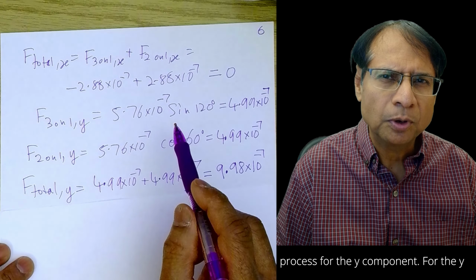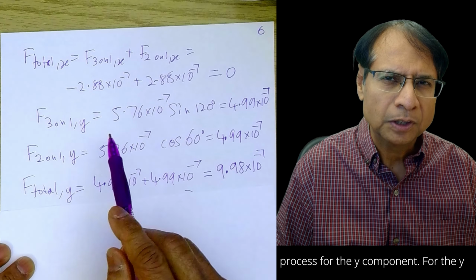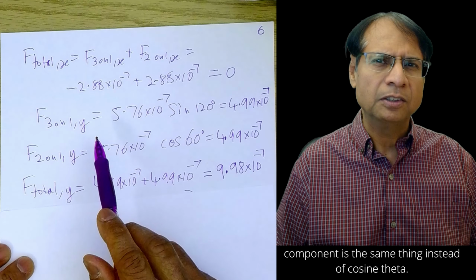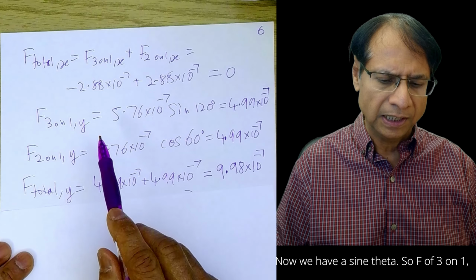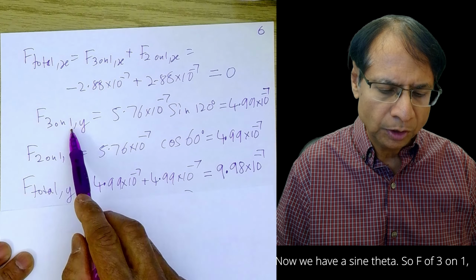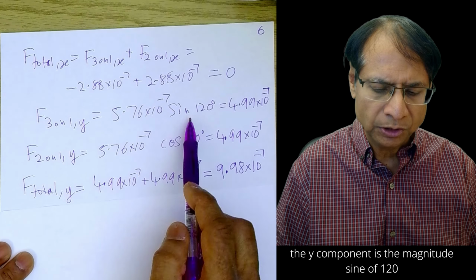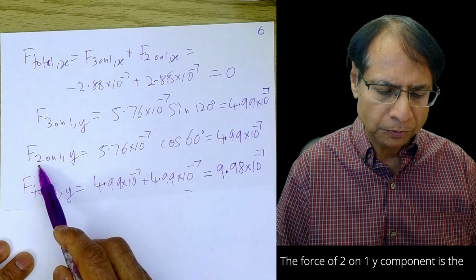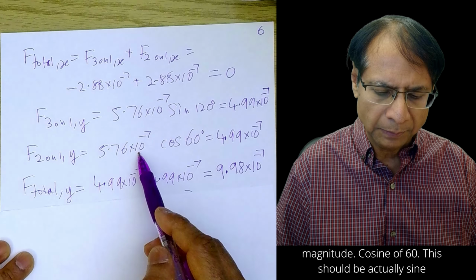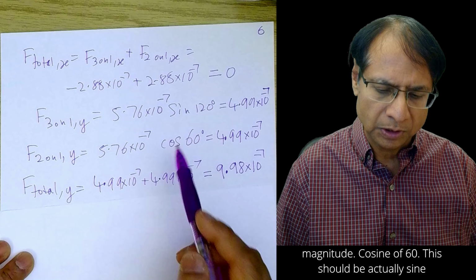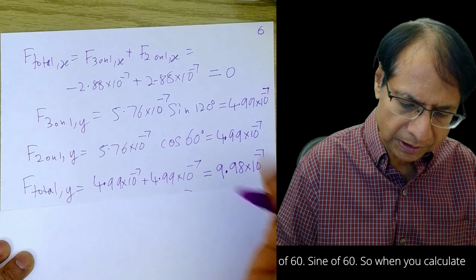Now repeat this process for the y component. It's the same thing, except instead of cosine theta, now we have sine theta. So for F3 on 1, the y component is the magnitude times sine of 120. For F2 on 1, the y component is the magnitude times sine of 60.